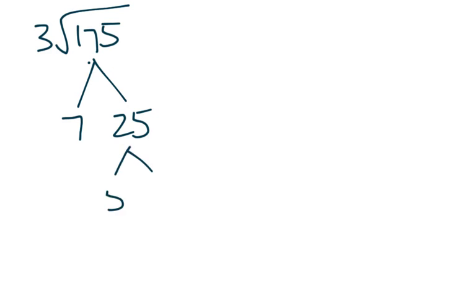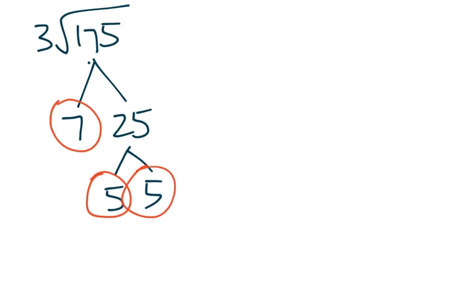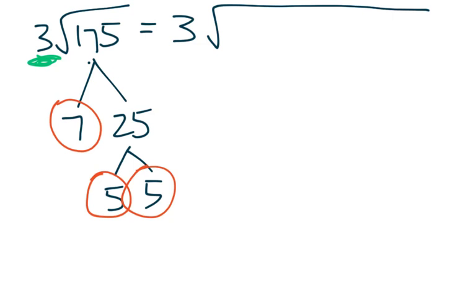And then 25 will break down to 5 and 5. So I really have 7 times 5 times 5. But I can't forget that I had this 3 out here to begin with, so I have to make sure I bring it over. If you drop the 3, you'll get a wrong answer because 3 has to stay. And then we have 5 times 5 times 7.